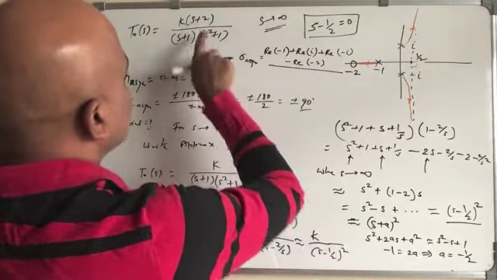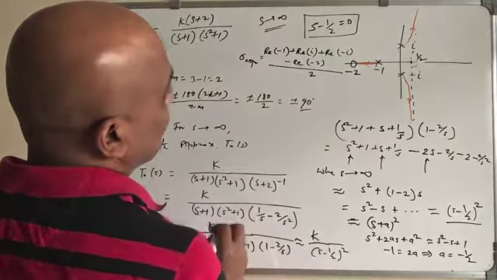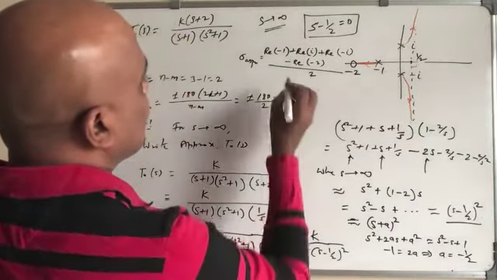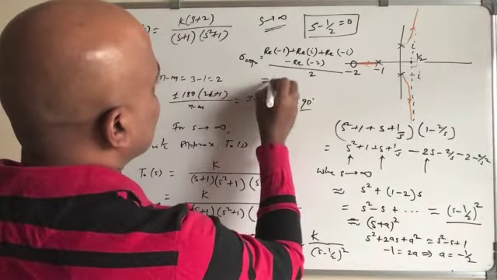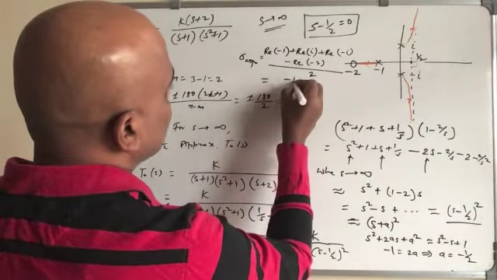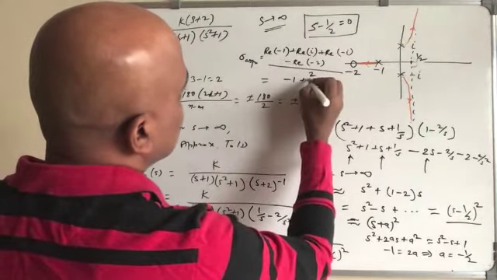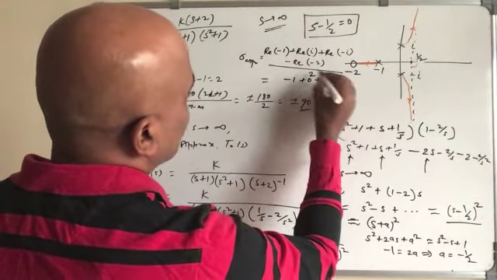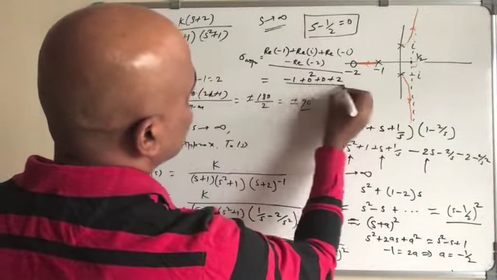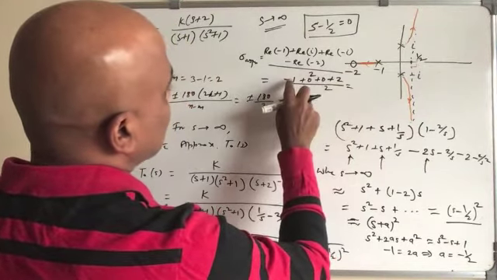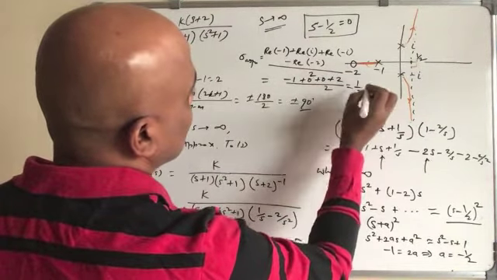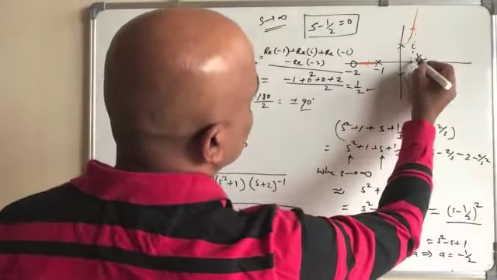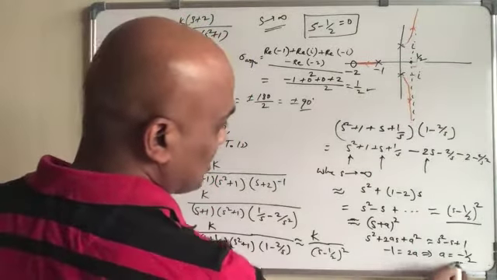N minus m is 2, right? And what do we get? We get minus 1, 0 plus 0, plus 2, divided by 2. 2 minus 1 is 1, divided by 2, half. And hence, we already got half from this.